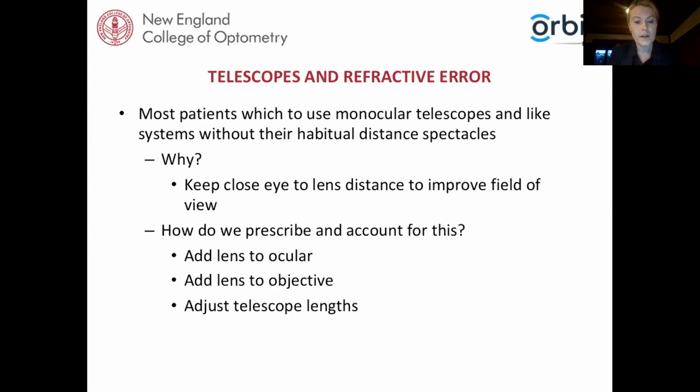In terms of how we prescribe and account for this, removing the refractive error will affect the power and the magnification that we get out of the telescope, and how the patient is adjusting the tube length.